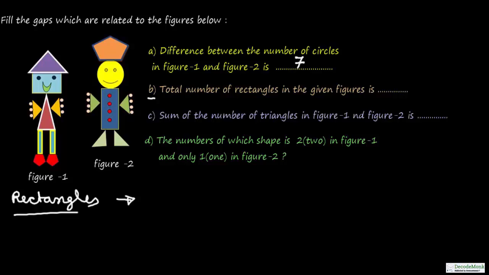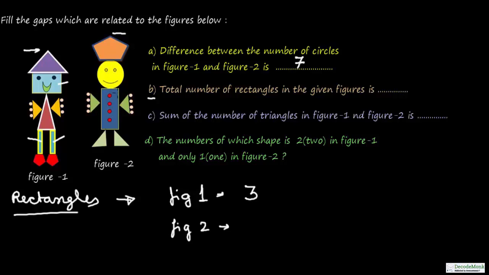So now let us figure out the number of rectangles in figure 1, starting from the top end. You see the face is rectangular, so 1. Coming downwards, you see the legs are rectangular, so 2 3. So in figure 1 there are 3 rectangles. In figure 2, starting from the top, the face is circular, we have already counted, and the eyes are circular.